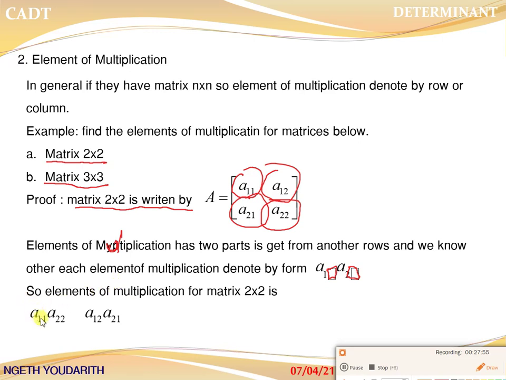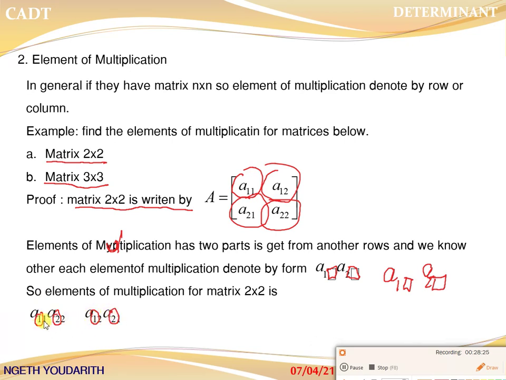Example, we have A11, A22, A12, and A21. The first, we write only A1 and square, A2 and square. So this is A1, A2, A1, this one, A1, A2, this one, A1, this one, A2.